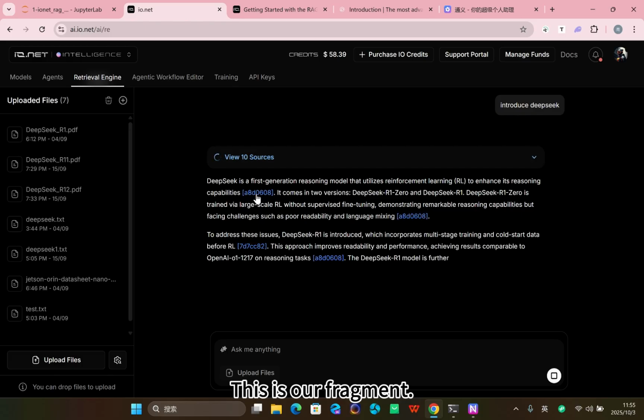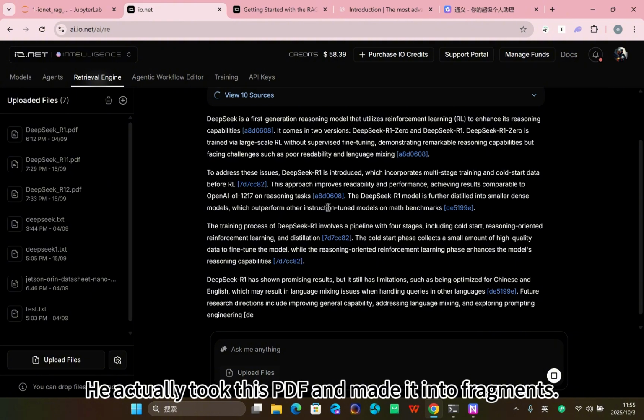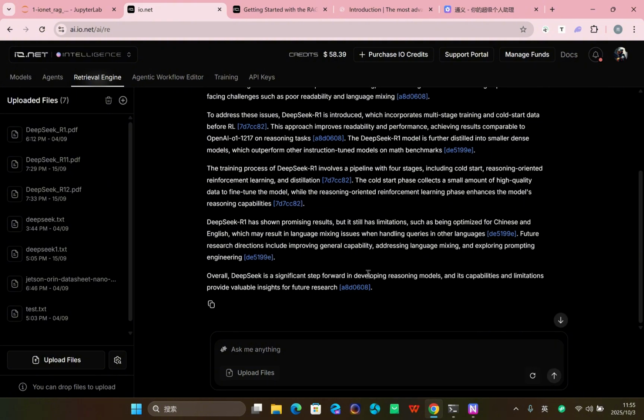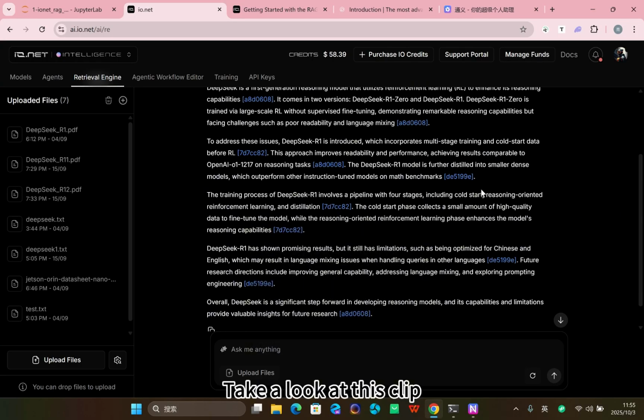This is our fragment. It actually took this PDF and made it into fragments, equivalent to a citation source. Take a look at this clip: which snippet am I quoting?